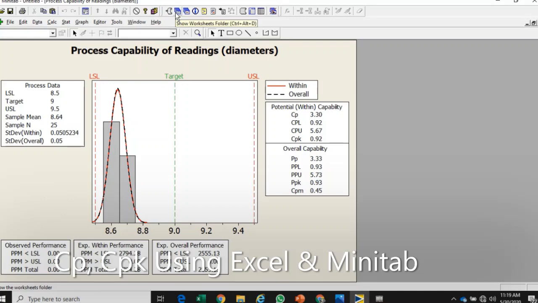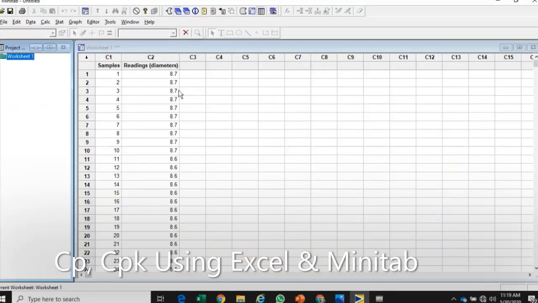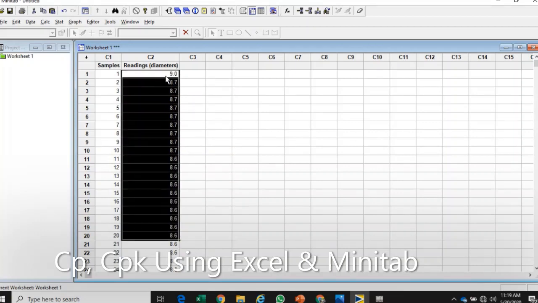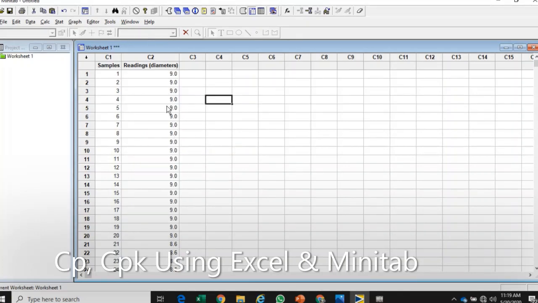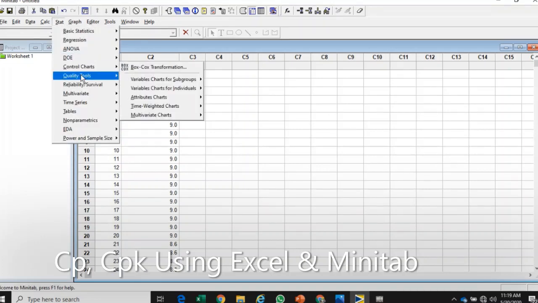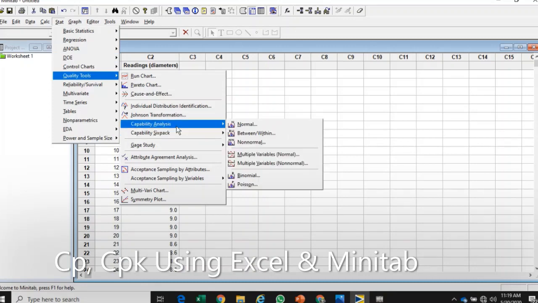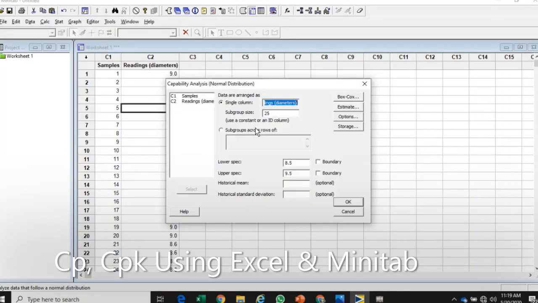Go to the worksheet and hypothetically take an example of a value of 9. Let's say 20 values I pasted as 9. Go to Start, Quality Tools, Capability Analysis, Normal, again the same thing.